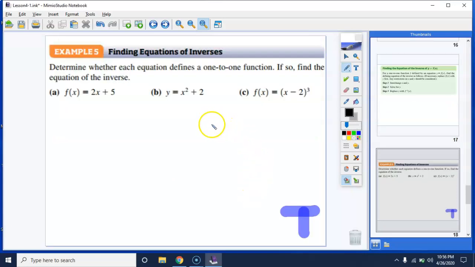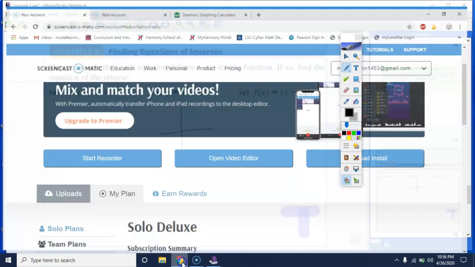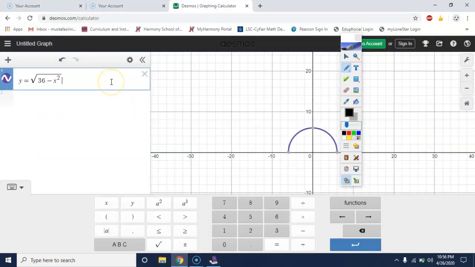So let's say that first of all, determine whether or not each equation defines a one-to-one function. If so, find the equation of the inverse. If you graph this, okay, let's go to Desmos first. X squared plus 2.